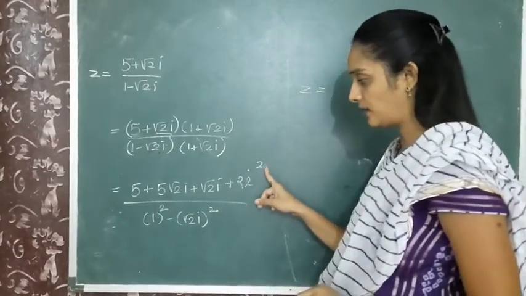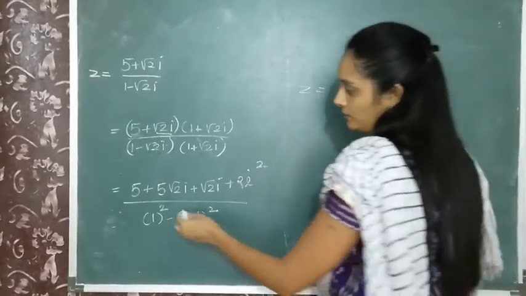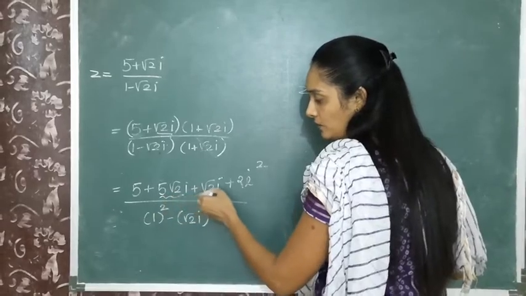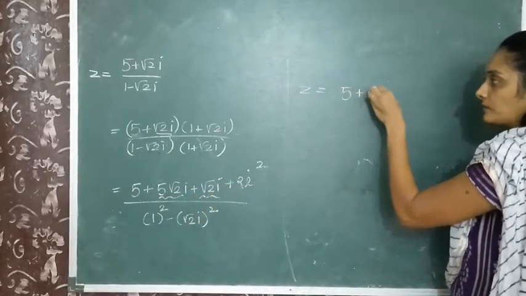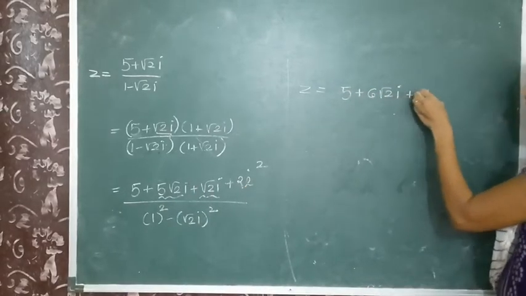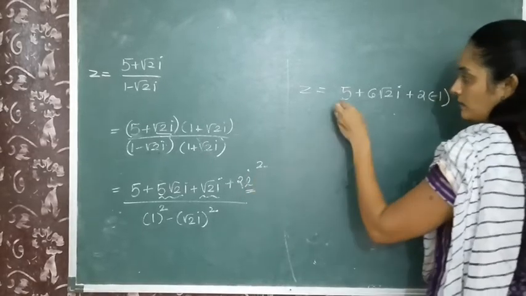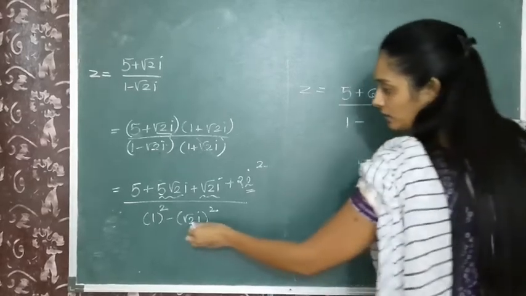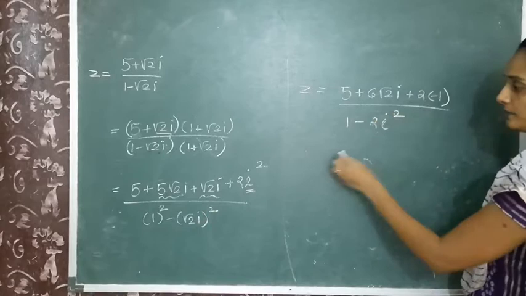So z is equal to, first here i square, so we can replace i square by minus 1. These two terms, 5 root 2i and root 2i, are like terms. So we have 5 plus 6 root 2i, 2 as it is, and i square replaced by minus 1. In the denominator, 1 minus root 2, so 2 i square.